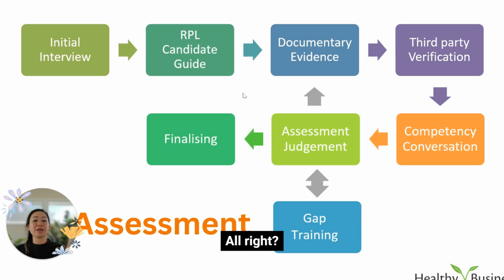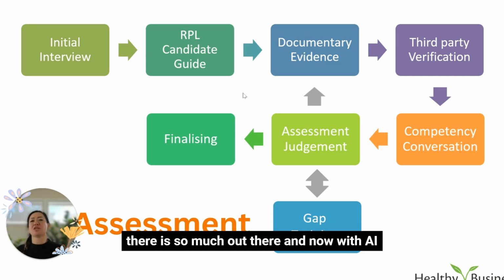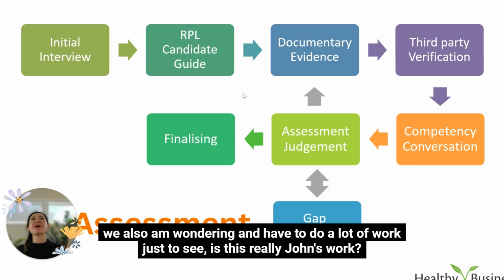All right, so once you have that evidence, somebody might be thinking, did John really complete this? And I have to say, with the internet, there is so much out there. And now with AI, we have to do a lot of work just to see, is this really John's work?